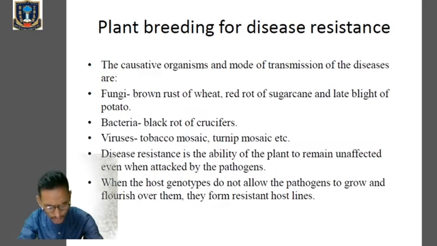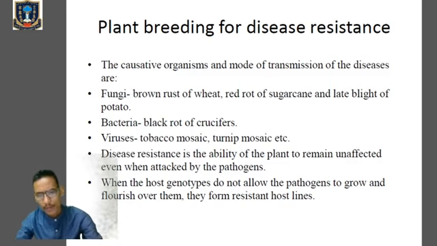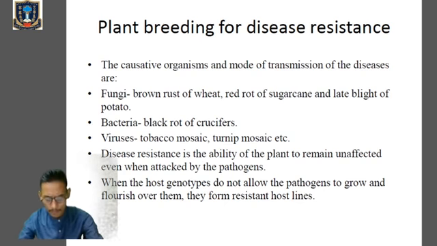Clear? So mainly the different types of crop plants in different climatic conditions are attacked by fungi, bacteria and viruses. These disease causing organisms are usually called pathogens because they cause different types of diseases in plants. Clear?